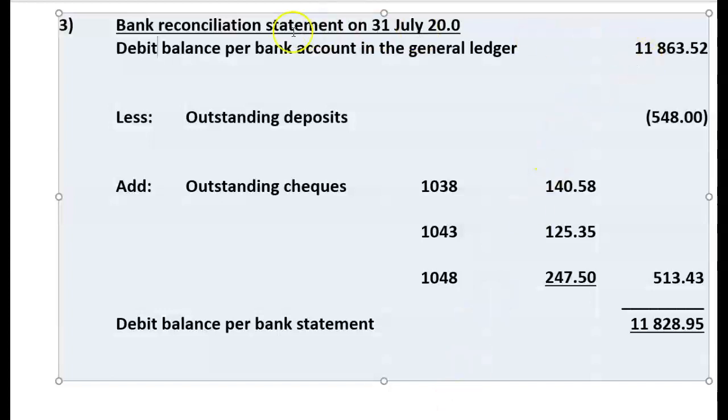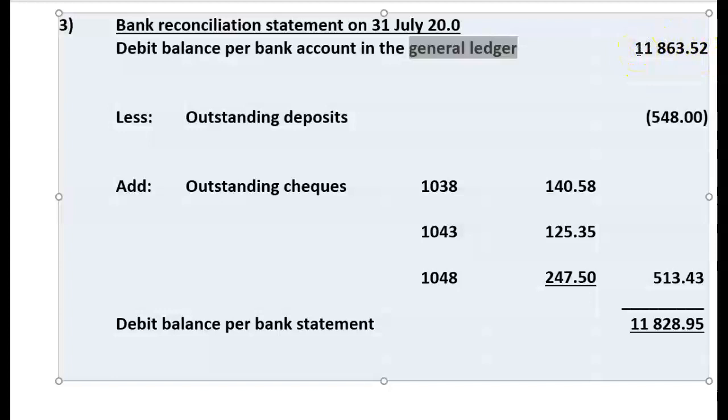Now, if I start with my bank account balance in the general ledger, as we did, 11,863.52, and we're going to work towards the bank statement balance. What did those checks do to my balance in the ledger? It was a payment, so it actually reduced our bank account balance in the ledger.